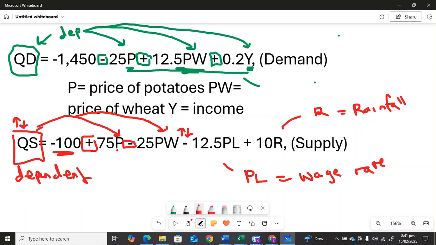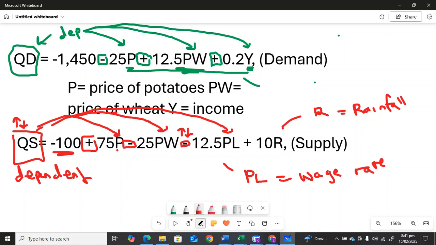Then again, we said quantity supplied of potatoes is dependent on the wage rate. As we can see here, there's a negative relationship. If the wage rate increases, it's expensive to hire more workers or even to keep your workers. So you might lay off workers, and if you lay off workers, supply will suffer.